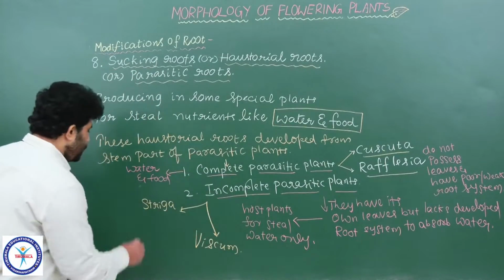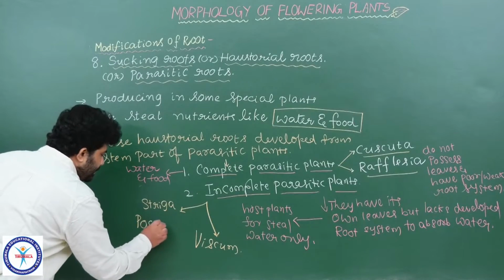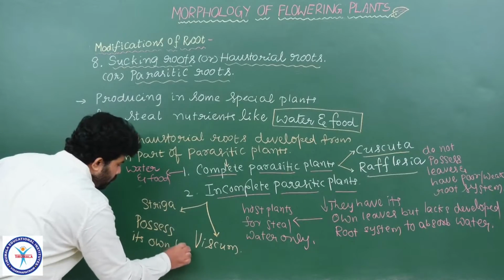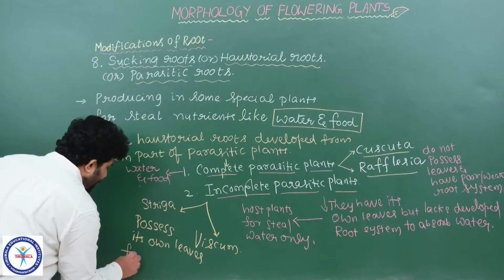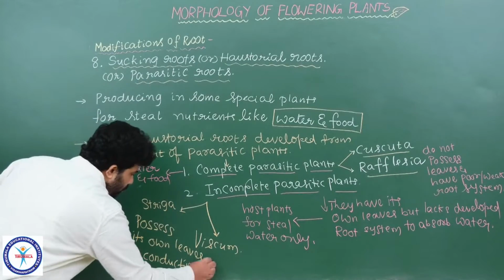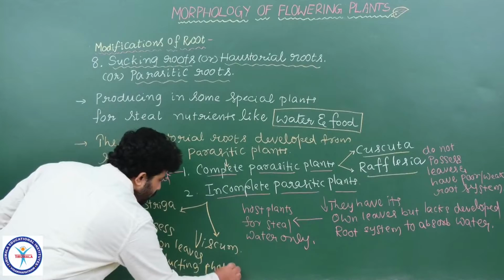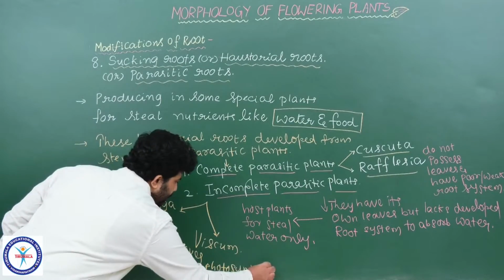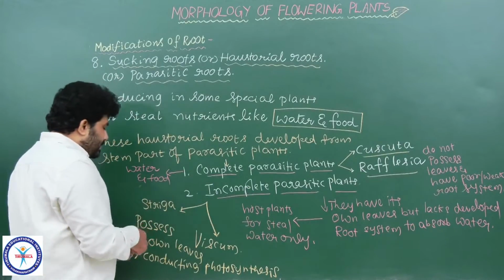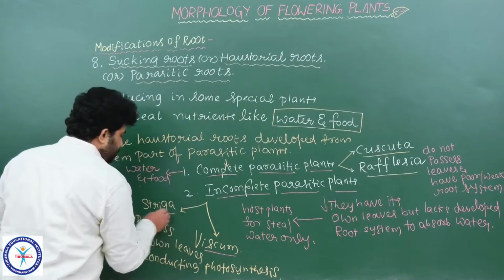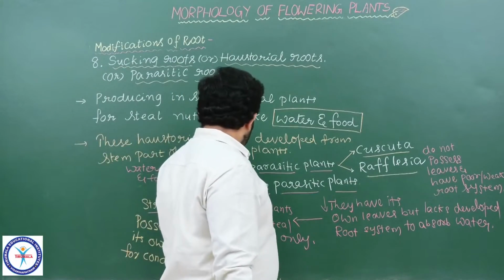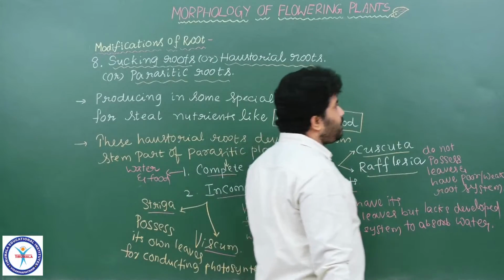They possess their own leaves for conducting photosynthesis, but the required nutrient is only water for these two plants, Striga and Viscum. That's why these are called incomplete parasitic plants.